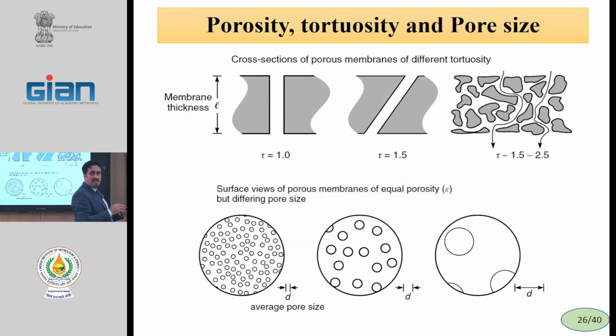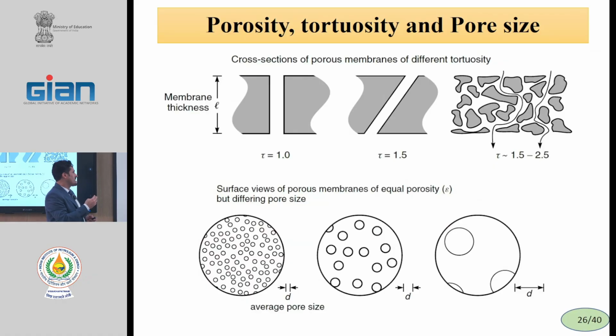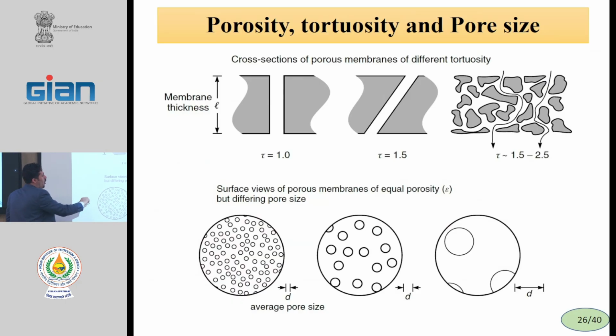We cannot correlate pore size to porosity. Many researchers say that with an increase of pore size, porosity increases. It is not true. You see in this schematic, both have equal porosity. Porosity means the area of pores relative to the whole area of the membrane. And in the three images, we have equal porosity, but the pore sizes are different.